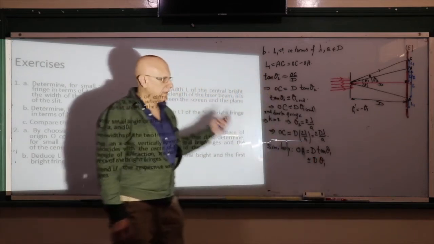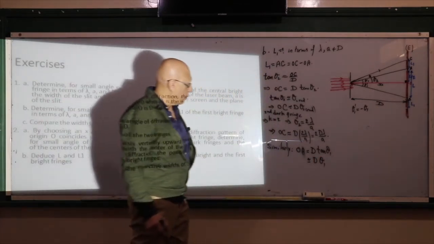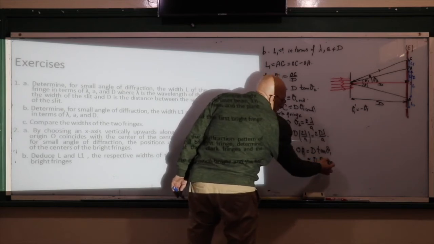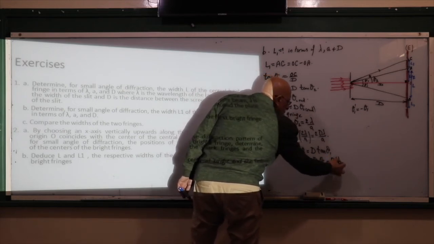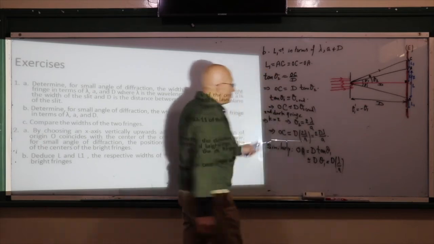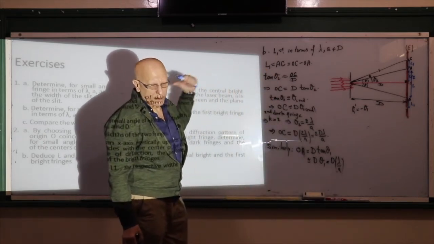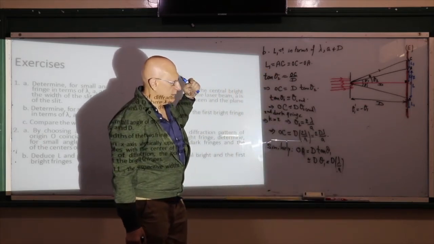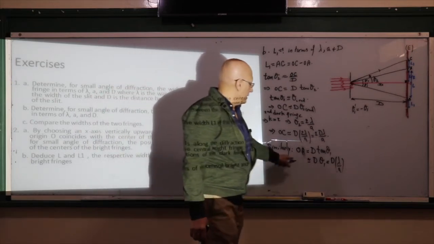Theta 1 I calculated before, and it is equal to lambda over A. Also you can substitute k equal to 1 in the formula of the angular position of the dark fringes.